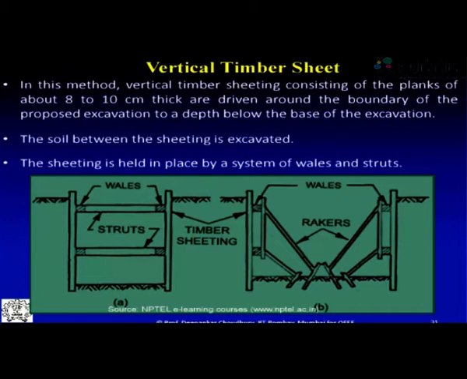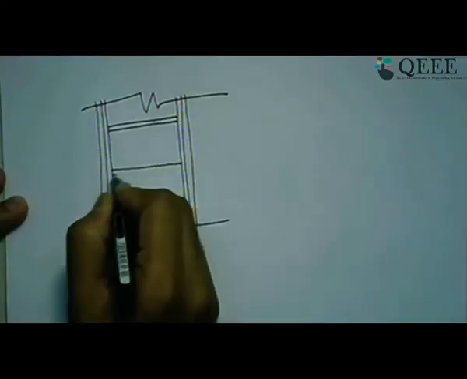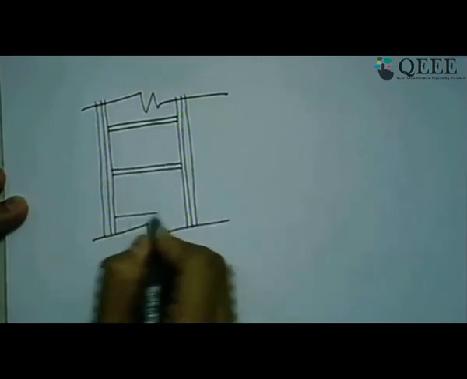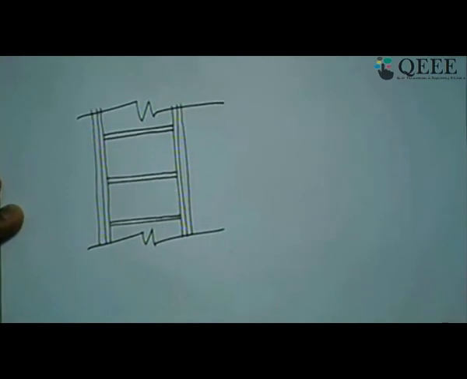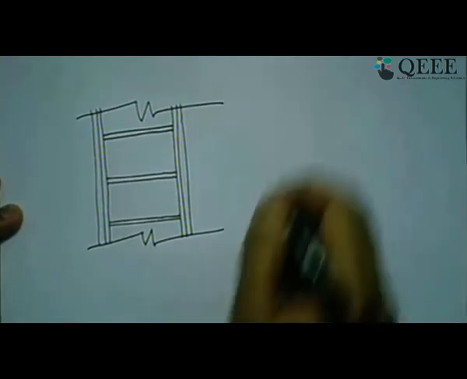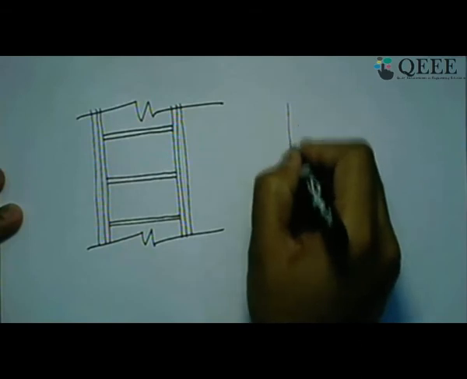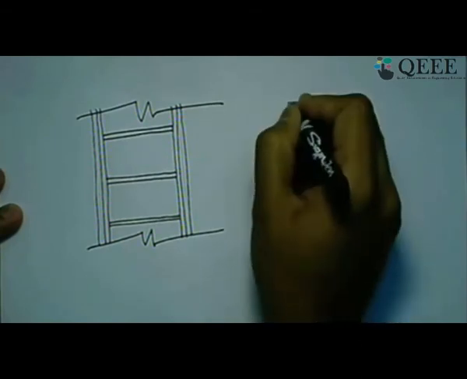Essentially, if I want to show you in plan how this bracing system will look like, I am drawing the plan view first for the bracing system, and the same bracing system, now let me draw the sectional view.